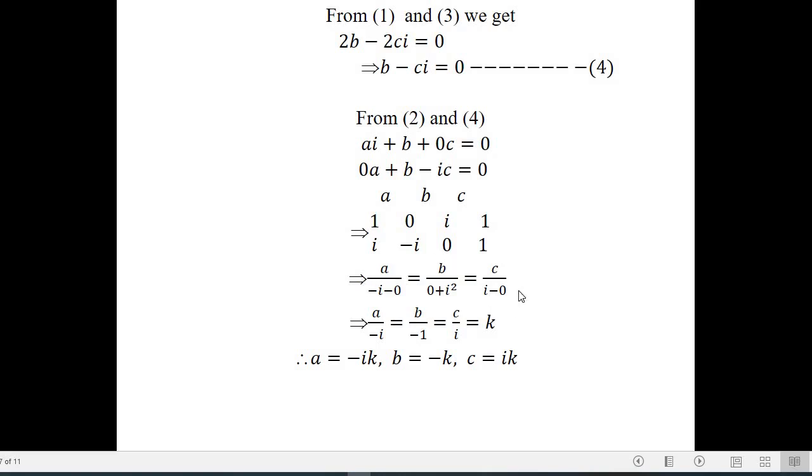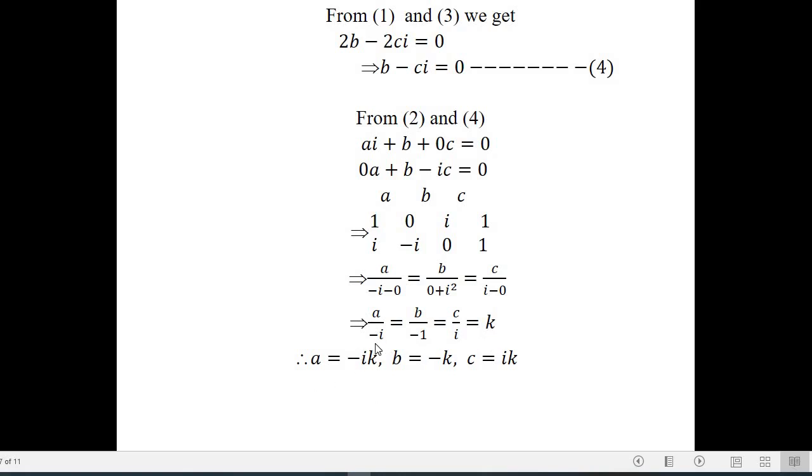Now we equate these ratios to some constant k. So the ratios become a divided by minus i is equal to b divided by what is i square minus 1, that is equal to c divided by i, is equal to some constant k. Now we equate each ratio to k. a divided by minus i is equal to k.